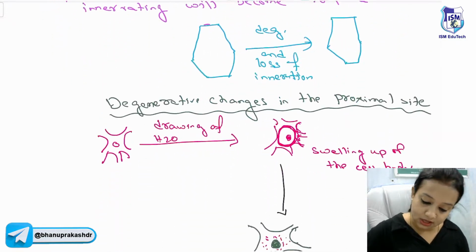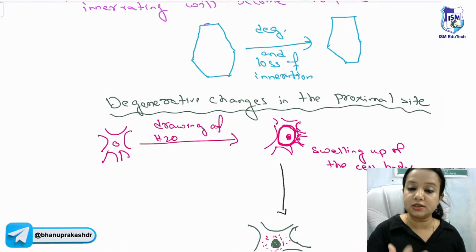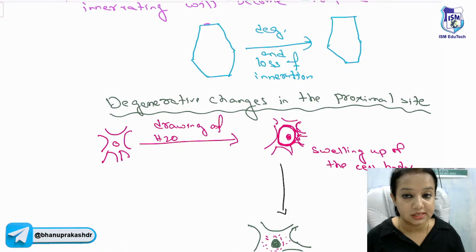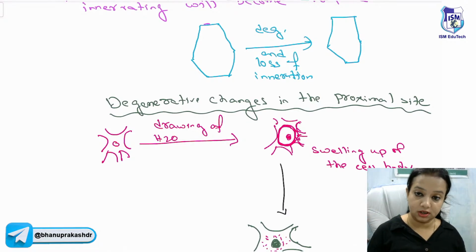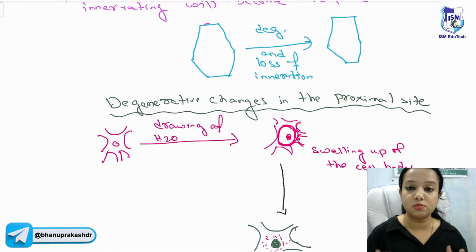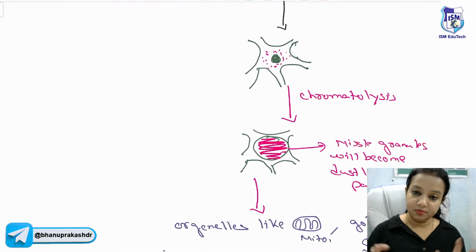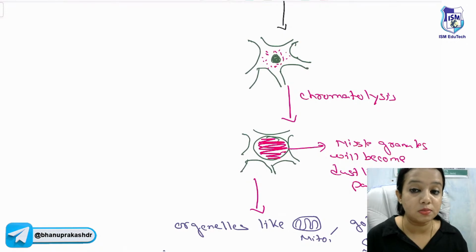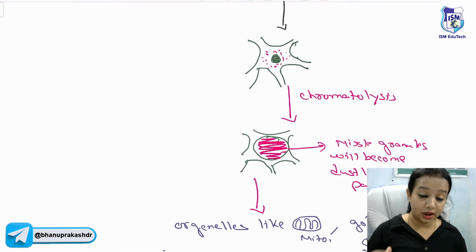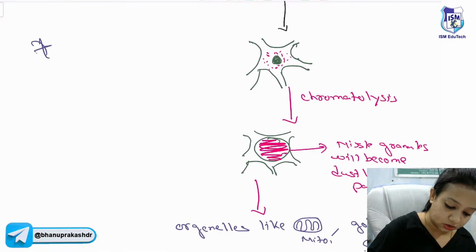So in the proximal site, first the water will move from the ECF and enter into the cell body. So there will be an increase in volume, a swelling up. Then the Nissl granules burst, which is chromatolysis. And what are Nissl granules?